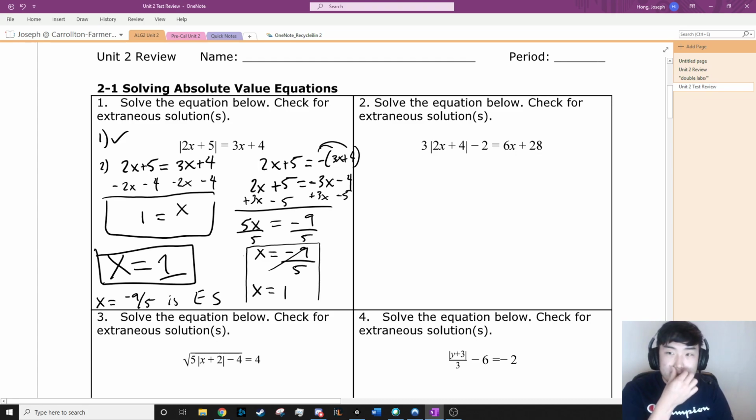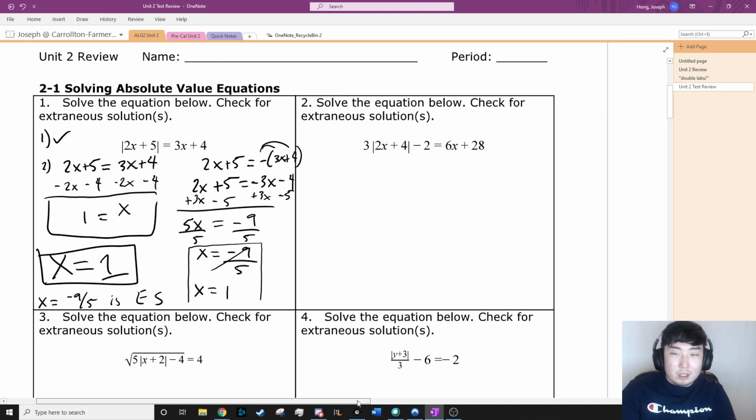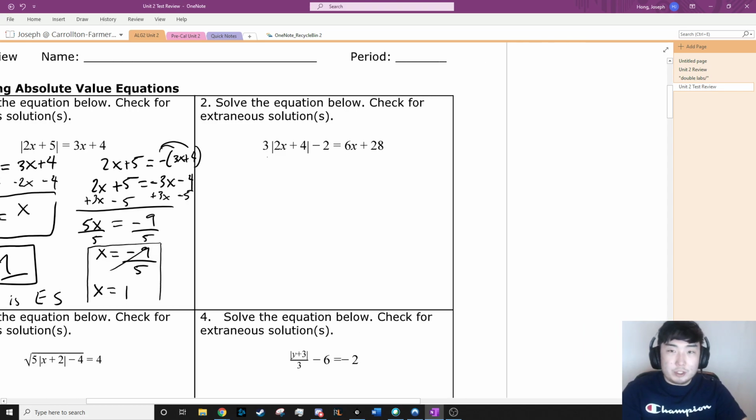Let's try number 2. Number 2 is a little bit harder because now we do have to do step 1. Step 1 is that we have to get rid of everything to the left and to the right of the absolute value sign. So I'll label this step 1. I'm going to add 2 on both sides.